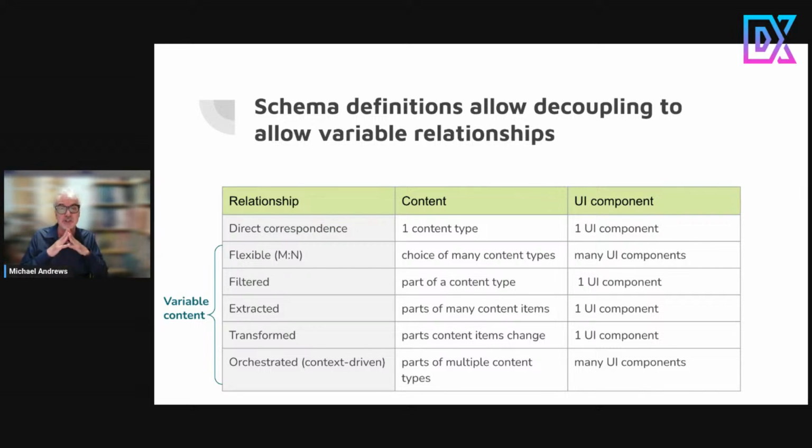And there are many ways you can vary your content. You can change the whole content type, obviously, but you may be filtering part of your content type where you're only pulling out certain fields, or extracting across different items and merging those into a particular UI component.